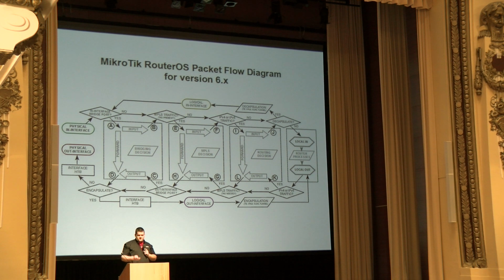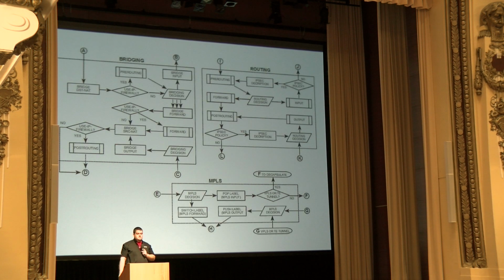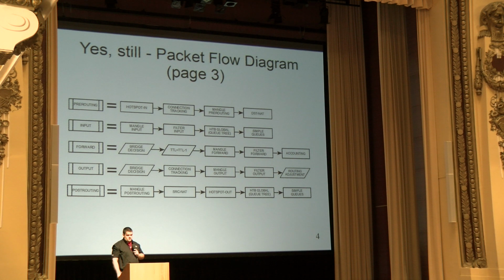And this is a simplified diagram. If you go a little bit deeper into what happens in the routers, and you can go even deeper. So as you can see, there's lots of functionality, lots of facilities and everything. So basically, routers have an enormous set of features.